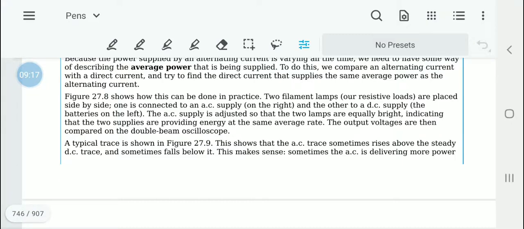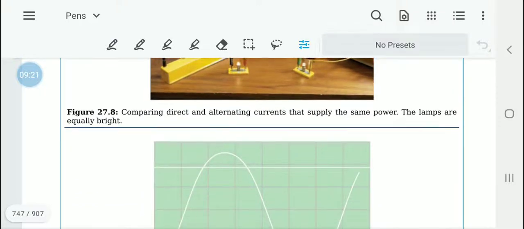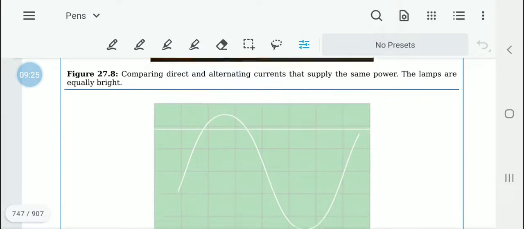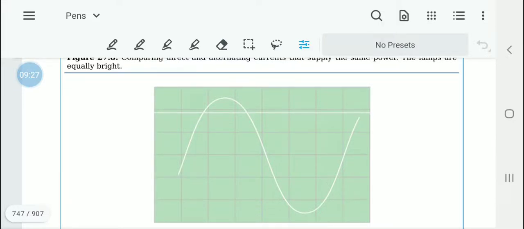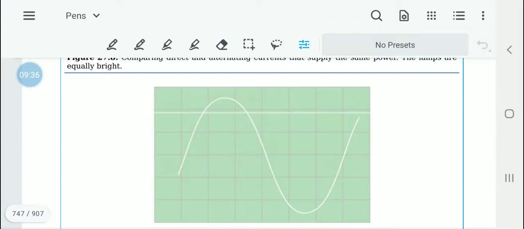So the AC is delivering more power than DC, and DC is at a regular rate as shown here. So this is the DC power and this is the AC power. I hope it makes sense. So now you understand from what happens why it is 70%.